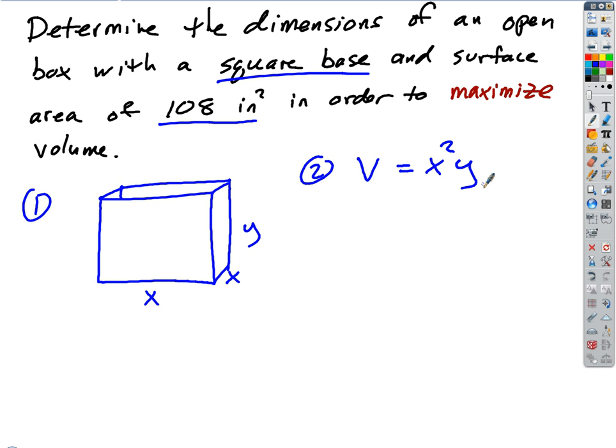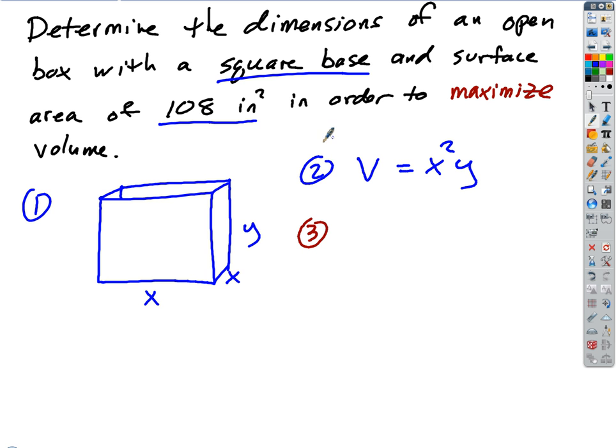Now, sometimes we'll be lucky and we won't have two independent variables, and then we can just do the calculus and make our table and be done, right? But this time we're not lucky. This time we've got two independent variables, and so we need what we call a secondary equation. And this is step 3. Okay, so let me label these.